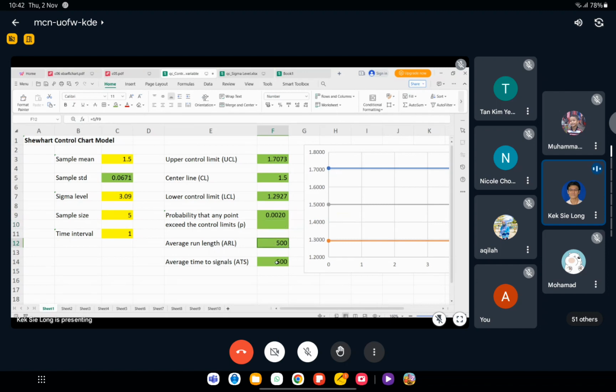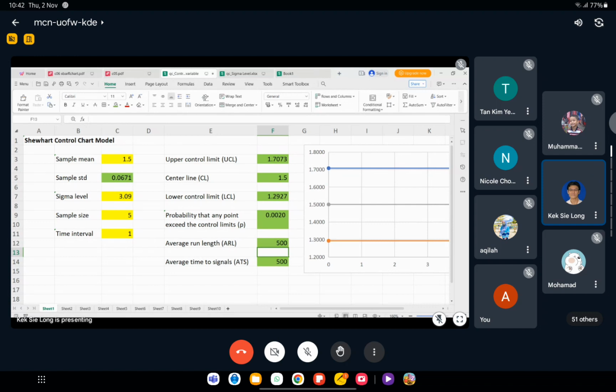And then these two items, we discussed yesterday. How to calculate? 1 over P, the average run length, 1 over P. P is 0.002. So 1 over 0.002 is 500. It means that we will do the sampling until 500 samples.